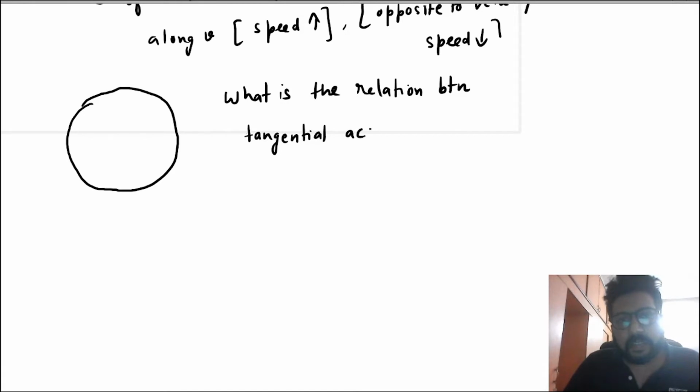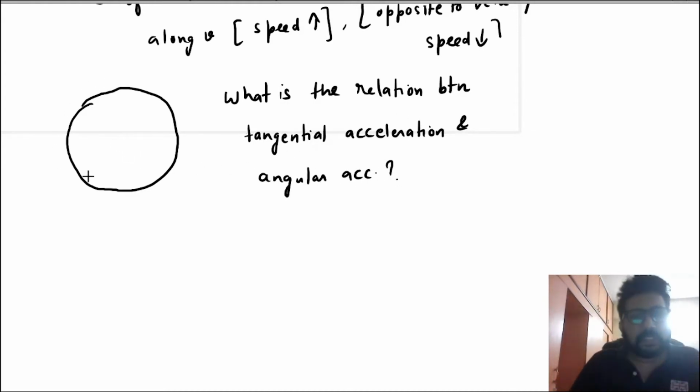Suppose this is a circle and this particle is moving with angular velocity omega initially, but suppose there is also an angular acceleration alpha.